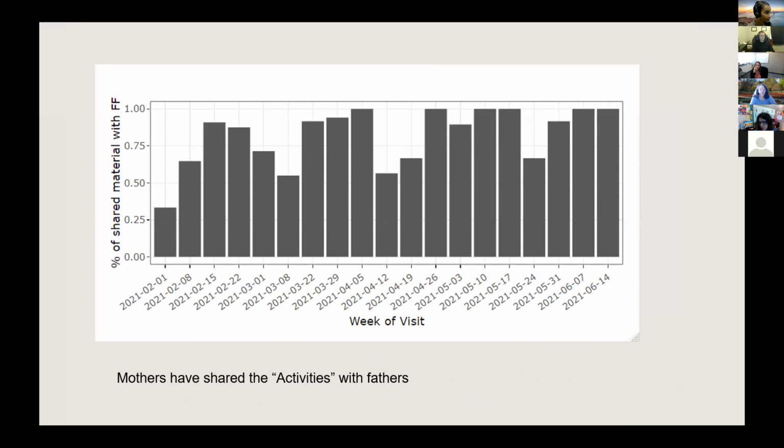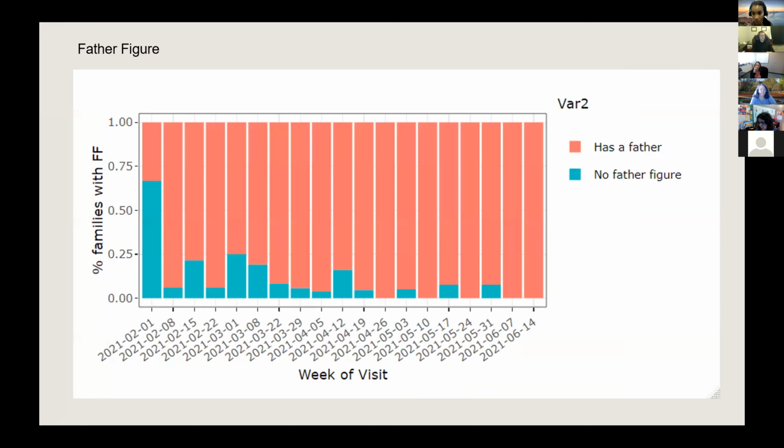This is something that we also wanted to put in the presentation: the mothers have shared the activities with the father almost every time. And this one is families that have a father figure or no father figure.